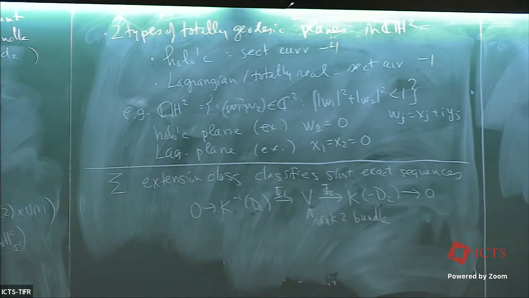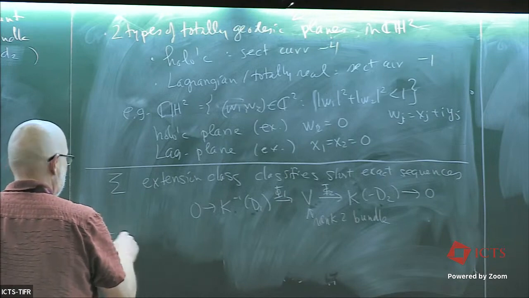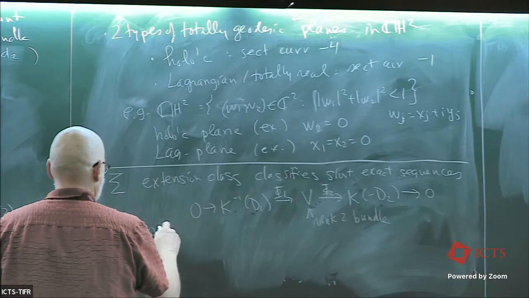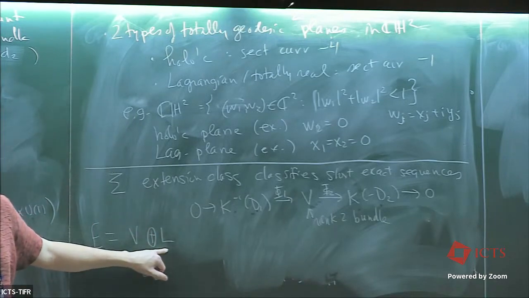Let's see. What is the underlying bundle for the Higgs bundle? So the underlying bundle for the Higgs bundle will be equal to this rank 2 bundle plus a line bundle.